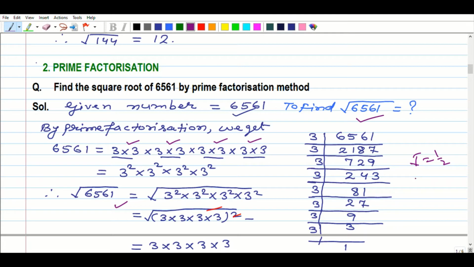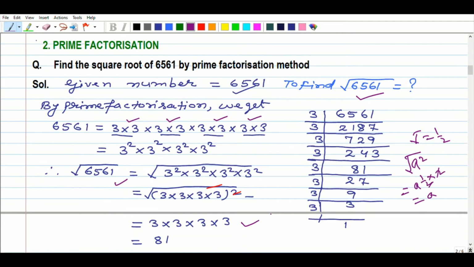So suppose you write the power as 1 by 2 into 2, they cancel, we get the base, clear. So cancel it by square and square root, we get 3 into 3 into 3 into 3. So we get 81. That means the square root of 6561 is 81.